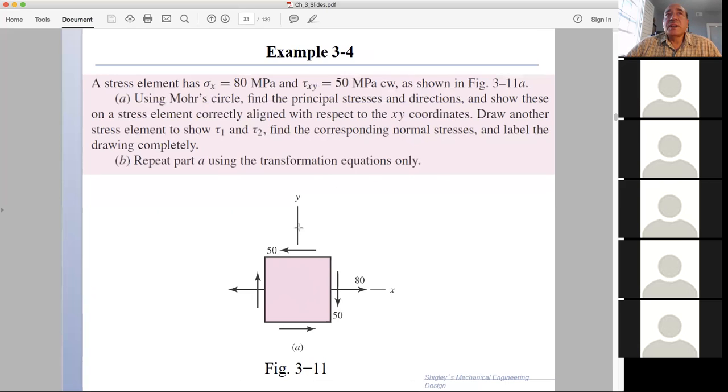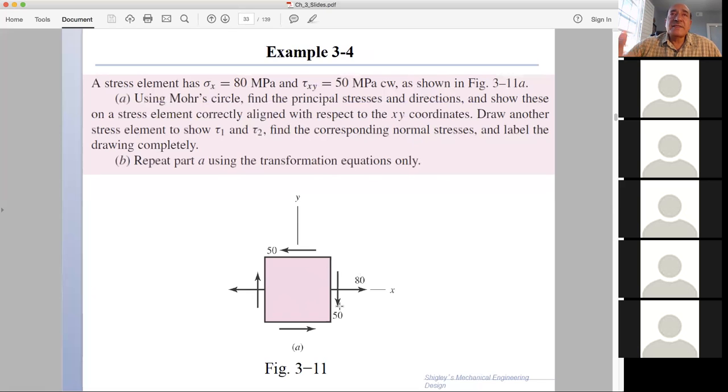Here, sigma y is equal to 0. So immediately from here, I have the center C is (80 plus 0) over 2. And the radius, I can find from the difference between sigma x and sigma y over 2, squared, plus tau xy squared. So I found the C and the R.